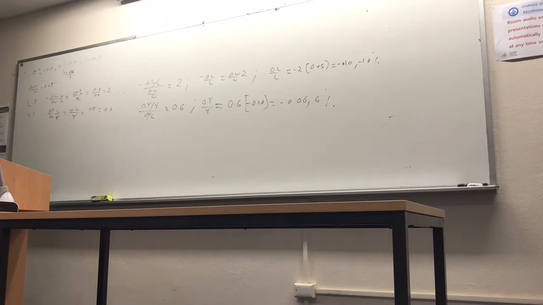What about the average productivity of labour? Well, trivially, since it's just the ratio of output to labour, the proportionate change in the average productivity of labour is just the rate of change of output minus the rate of change of labour.